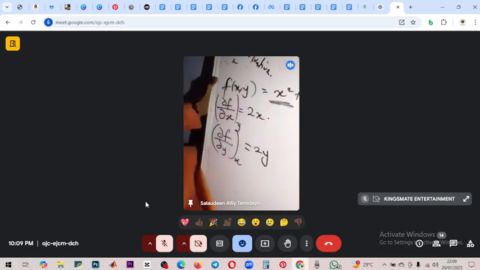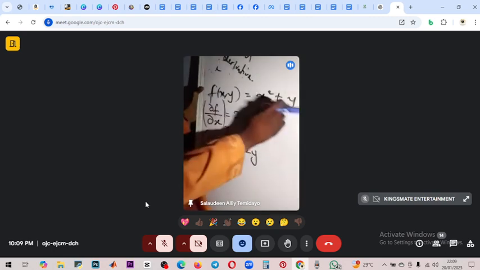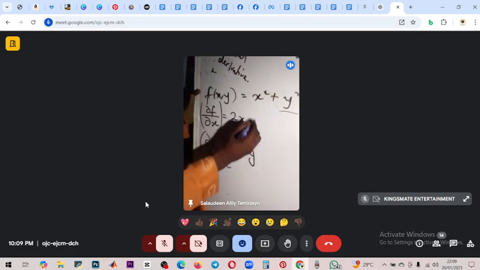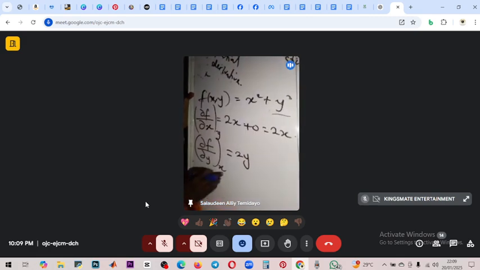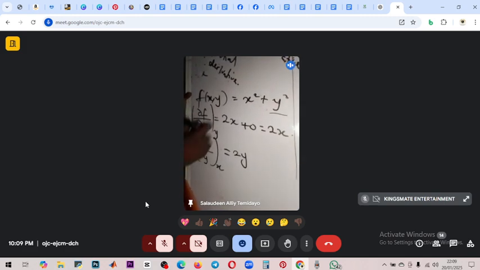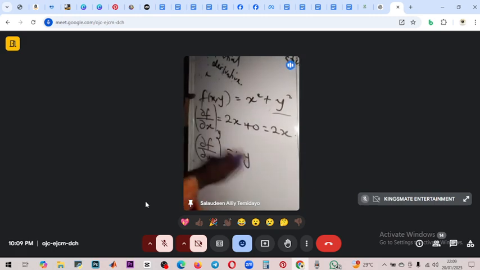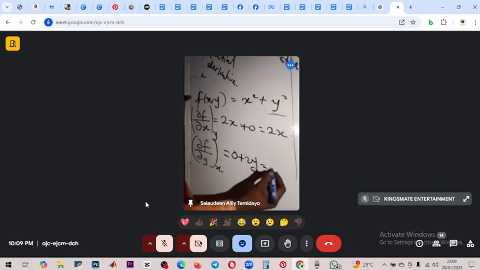The derivative of a constant means 0. If you were treating your y as a constant, that means its derivative is 0. That's why you have 2x plus 0, which is equal to 2x. Now, if you were treating your x as a constant, that means the derivative of x squared will be 0, then added to the derivative of y squared, which is 2y, and that's equal to 2y.